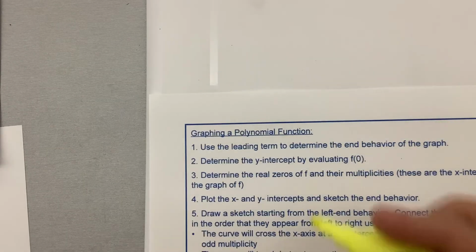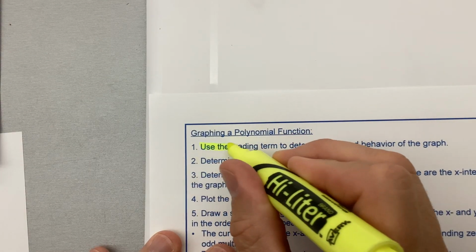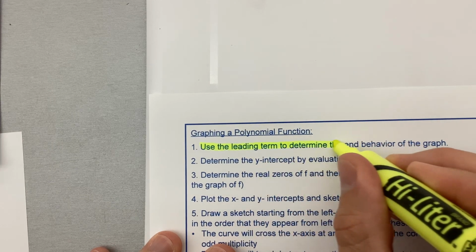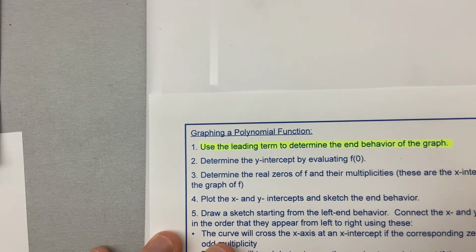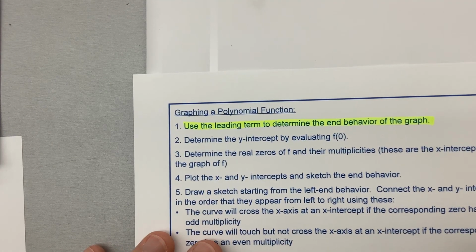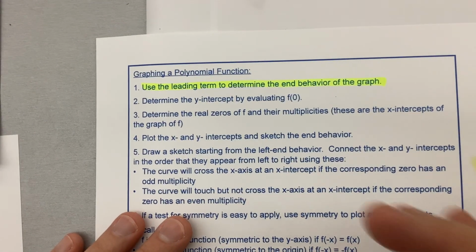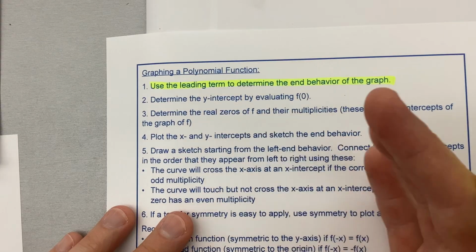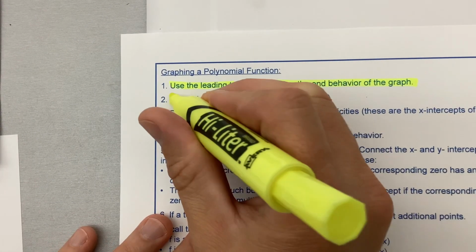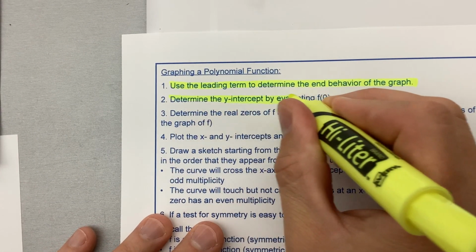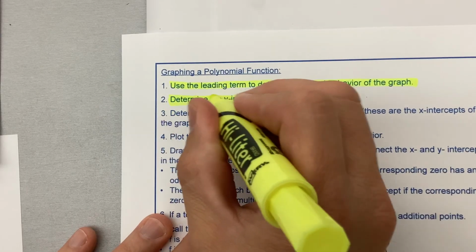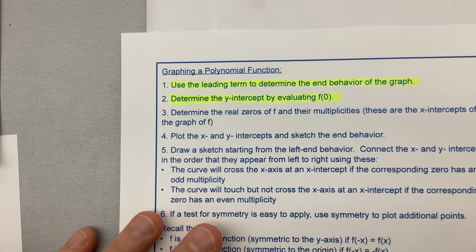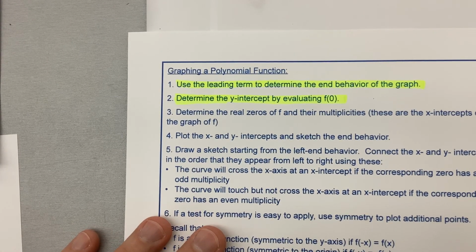The leading term is obviously going to dictate the end behavior, kind of where it starts, so to speak. So number 1 will be a good one. Determining your y-intercept is always good, just evaluating for f of 0. That can be a simple yet effective point to keep in our back pocket.